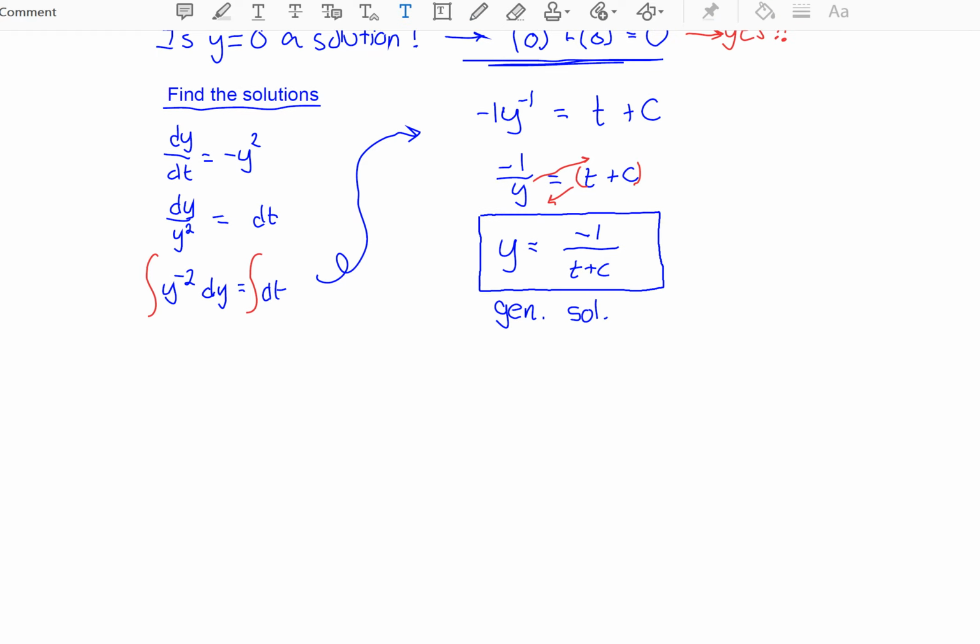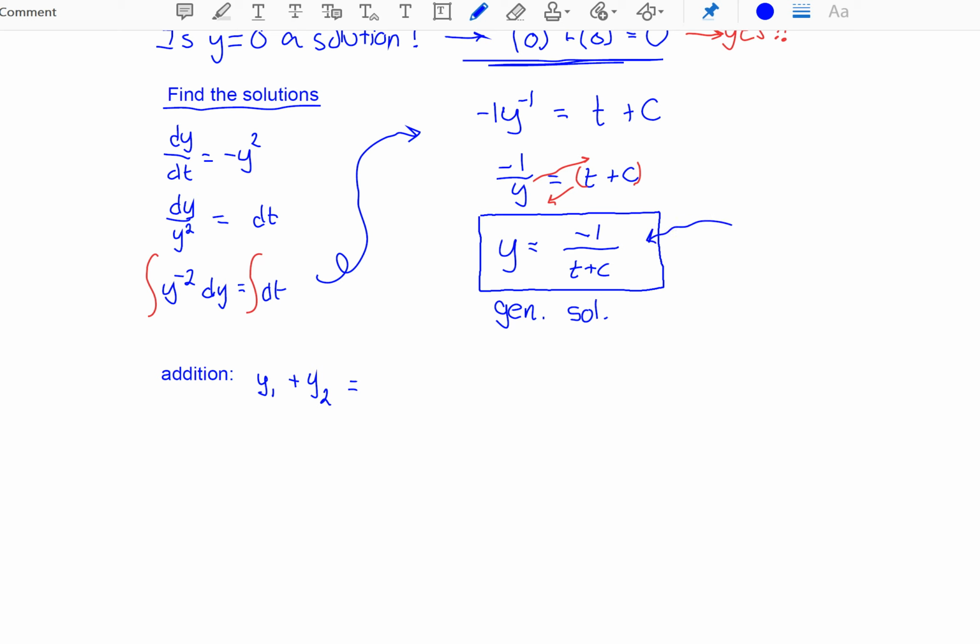So let's look at the closure of vector addition. So we want to show that if I took some first solution y1, added it to a second solution y2, will the sum still look like one of our general solutions?